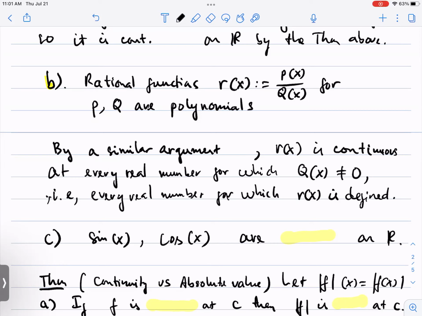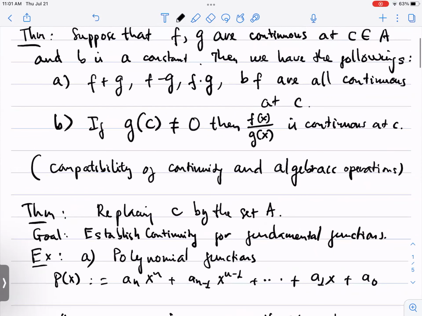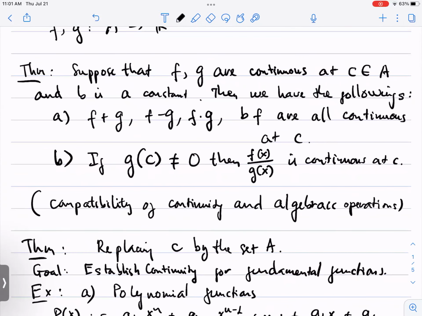That is, every real number for which the function is defined. So basically, for the rational function, we use part b of the theorem repeatedly. In order to use part b of this theorem, we need to verify the condition that the denominator is different from 0. That's why we need the assumption that q of x is not equal to 0.